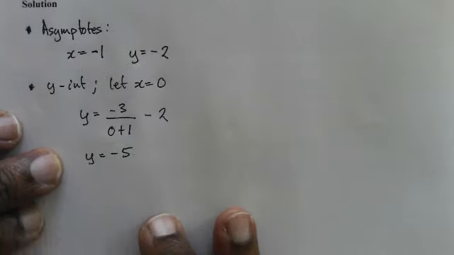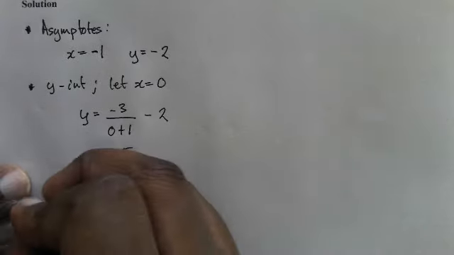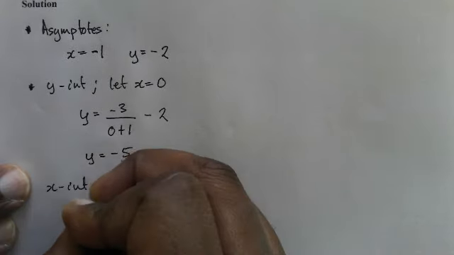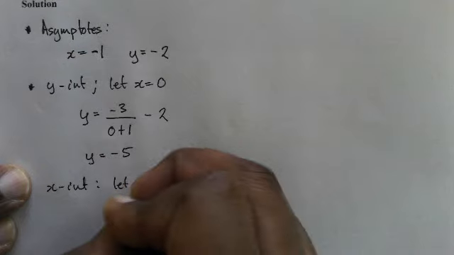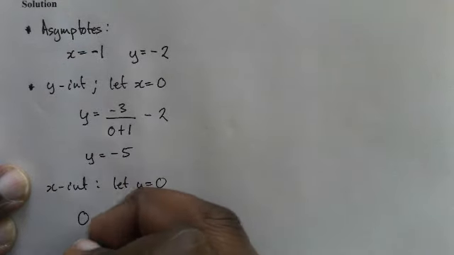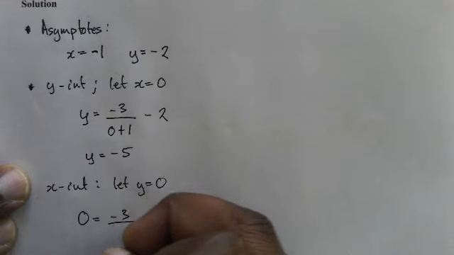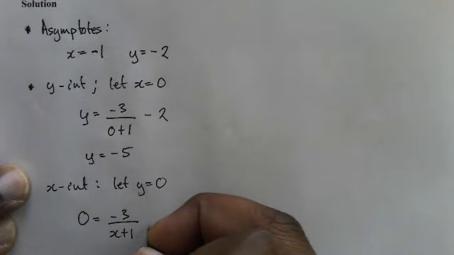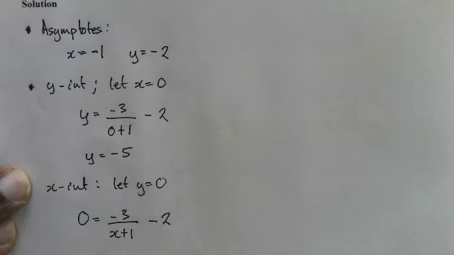Alright, so let's find the x-intercept. Obviously, that means we let y equal to 0. Okay, so 0 is equal to -3 over x plus 1 minus 2. Right.